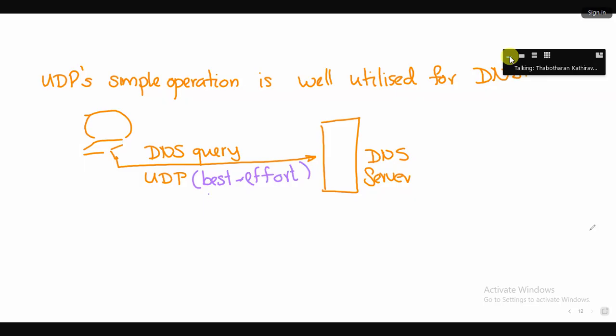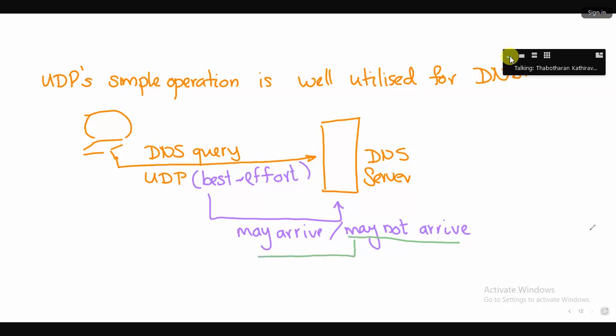This best effort implies it may arrive or may not arrive. So what happens when a DNS query does not arrive?